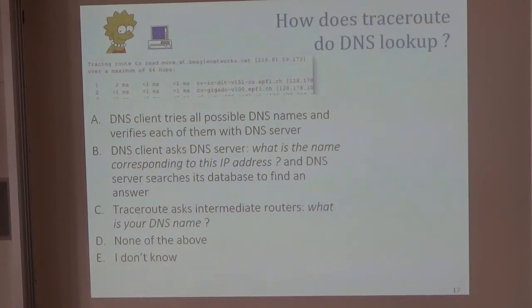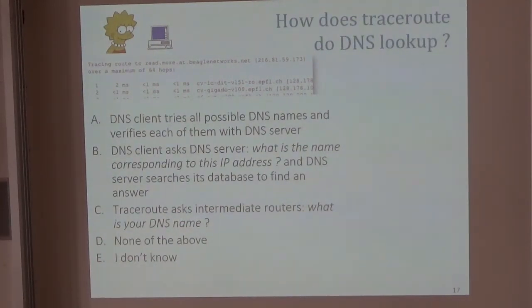Well, let's see how it happens. So certainly that would be very expensive to try all possible DNS names and verify each of them with the DNS server, because we don't know what are all the possible DNS names here. So now, how does traceroute work? Traceroute is not talking to the intermediate router, as in fact traceroute is simply sending a packet.